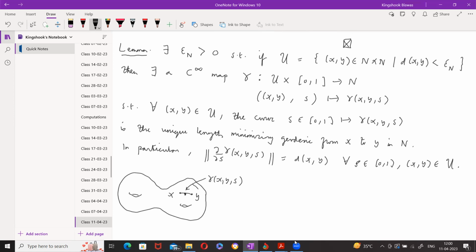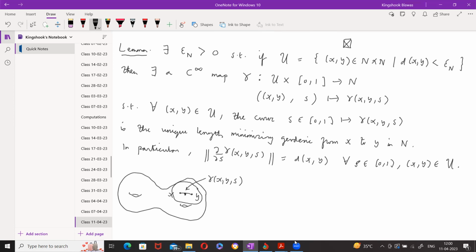So these two points will be contained inside a geodesic ball around x, and inside this ball there is a unique length minimizing geodesic from x to y. This geodesic depends smoothly on x and y.